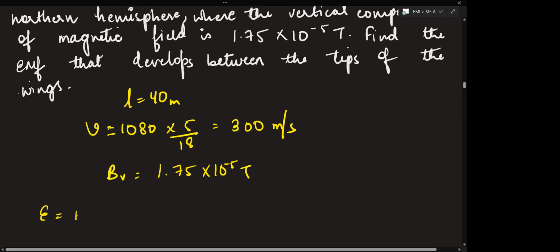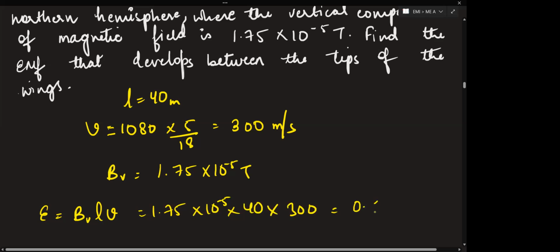EMF will be magnetic field into length into velocity, BLV. This will be 1.75 into 10 to the power minus 5, into 40, into 300. This comes out to be around 0.21, so EMF will be 0.2 volts. This is a question from your NCERT.